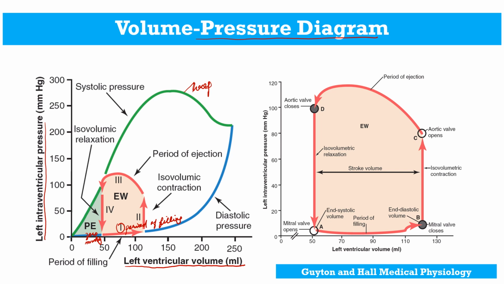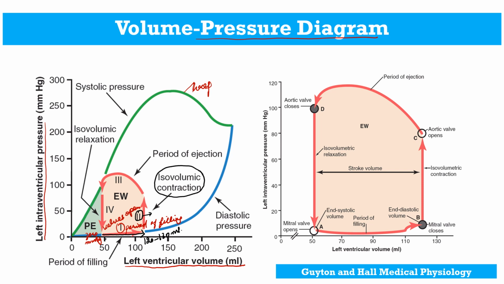As valves open and venous blood flows into the ventricles, the ventricular volume starts increasing, and during this phase 1, that is period of filling, the ventricular volume becomes 120 to 130 milliliters. Then is the phase 2, that is isovolumic contraction.